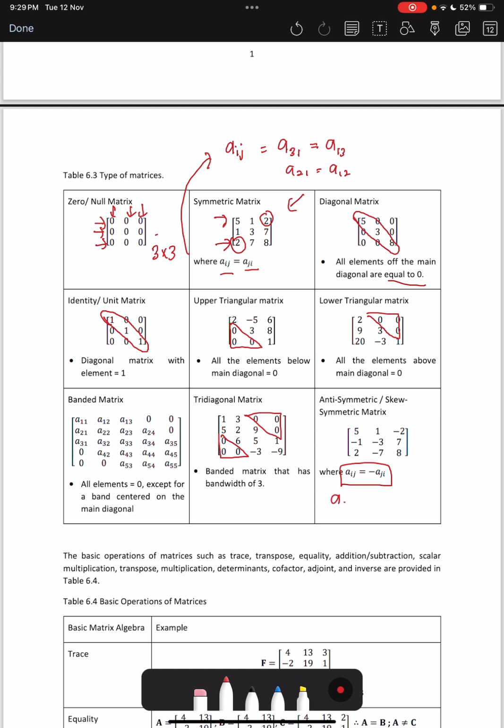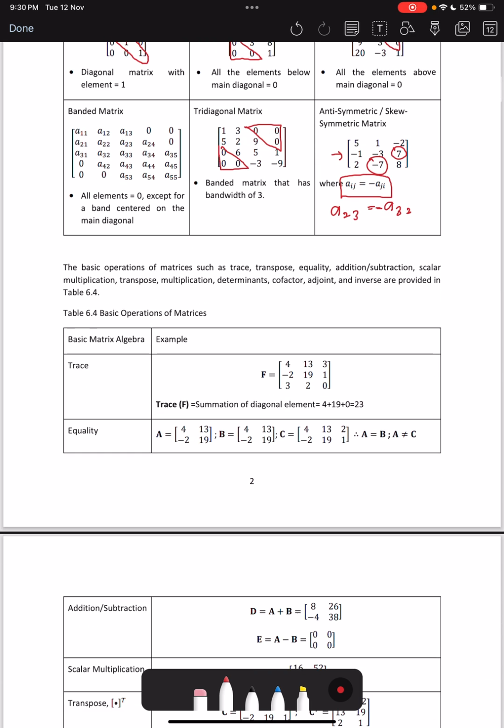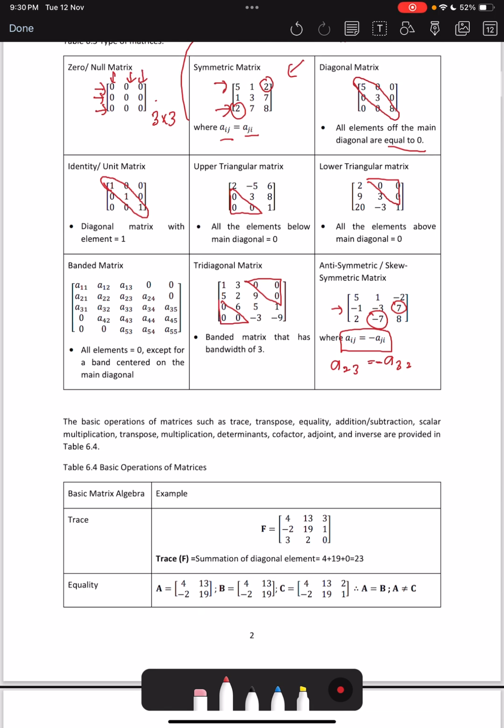So for example, I have A23, meaning row 2, element 3, equivalent to A32, row 3 column 2, but negative of it. So that's why this is what we call the anti-symmetric or skew symmetric matrix. Okay, all right.